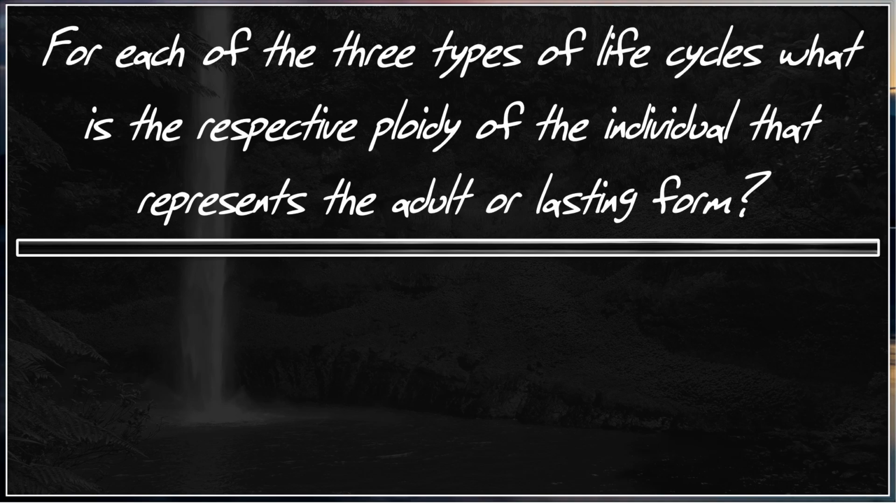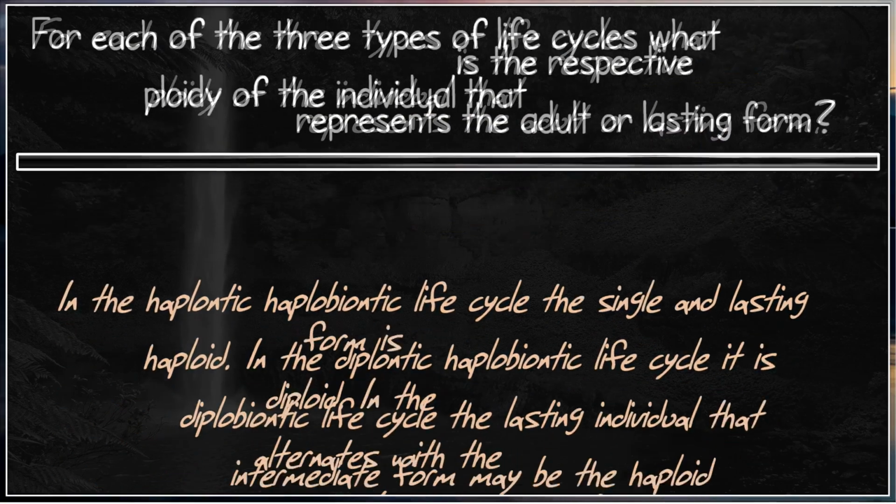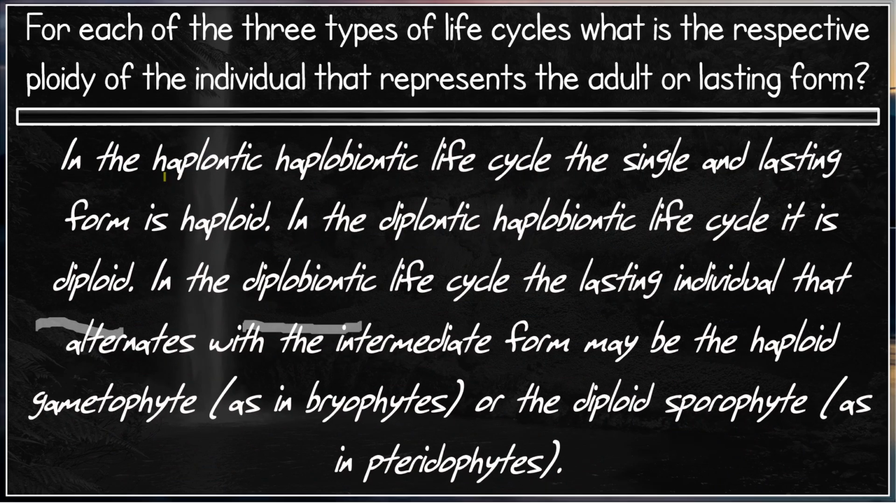For each of the three types of life cycles, what is the ploidy of the individual that represents the adult or lasting form? In the haplontic life cycle, the single and lasting form is haploid.